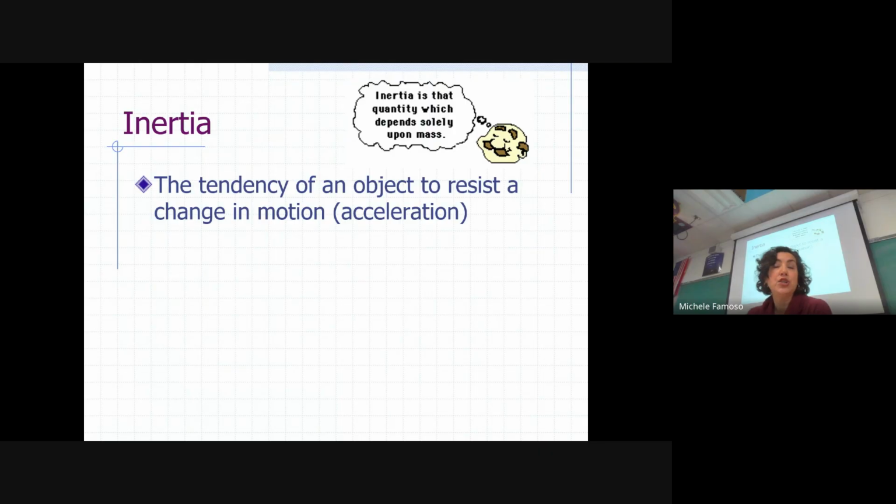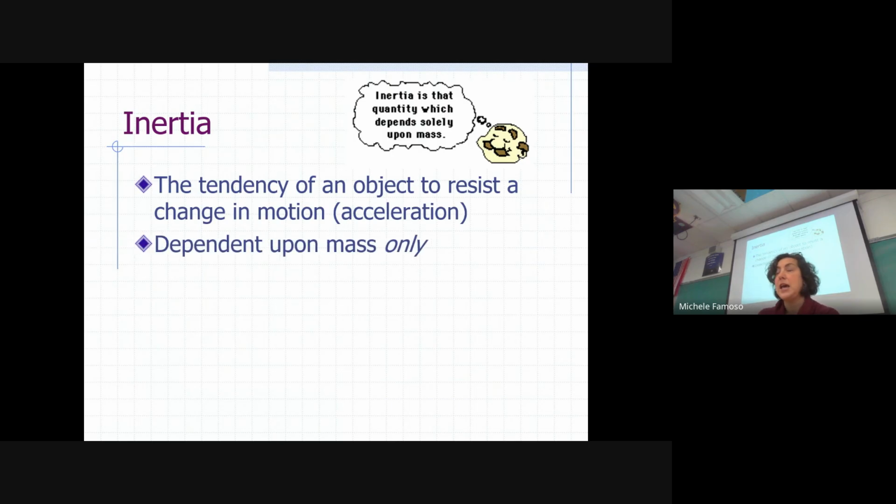So, what is inertia? It is the tendency of an object to resist a change in motion. Change in motion is acceleration. So we're talking about things trying to resist an acceleration.